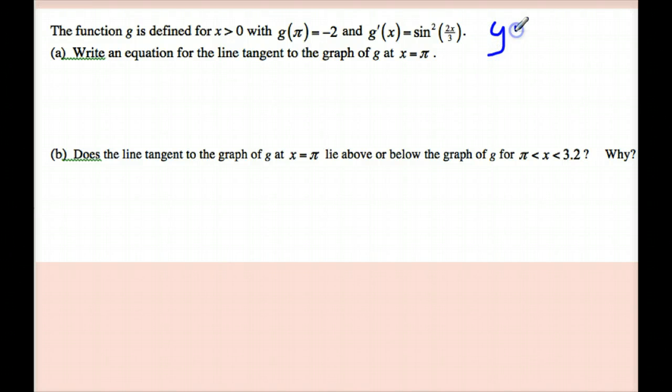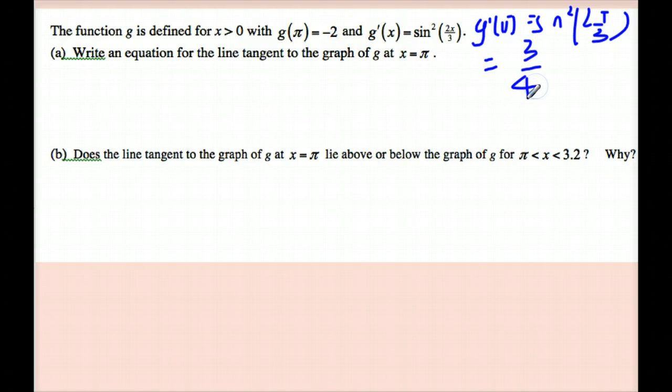I get g prime of pi is equal to sine squared of 2 pi over 3. And if we get this answer, we see that my slope is 3 over 4.